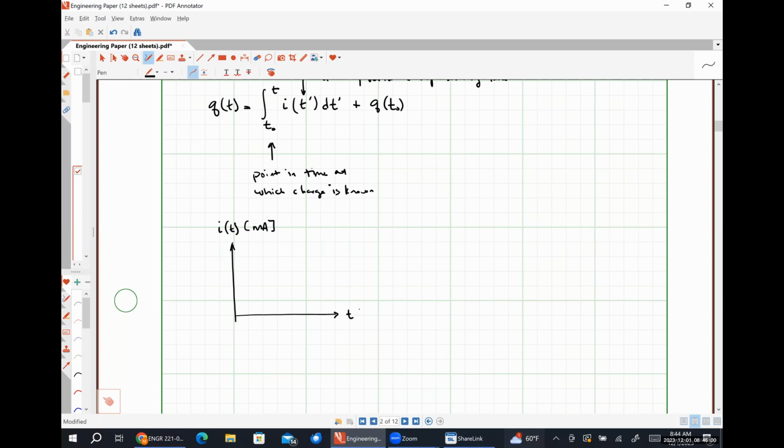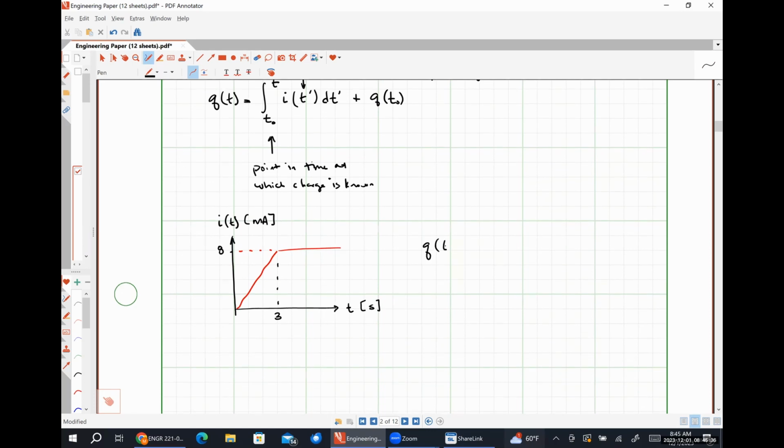And let's make this axis t measured in seconds. Let's say that this point is 8. This point is 3.